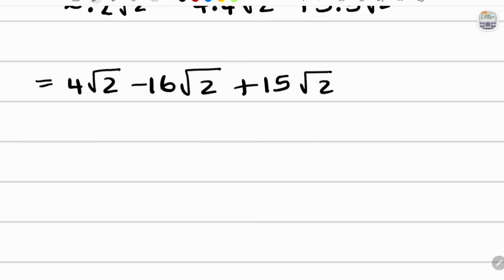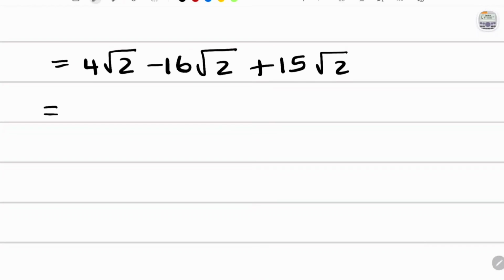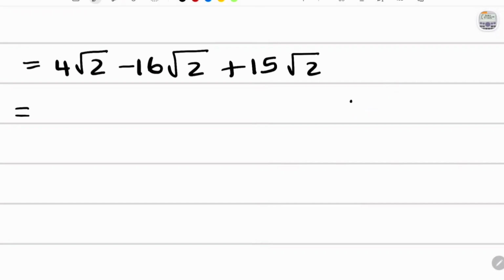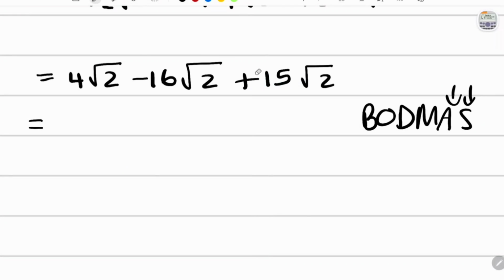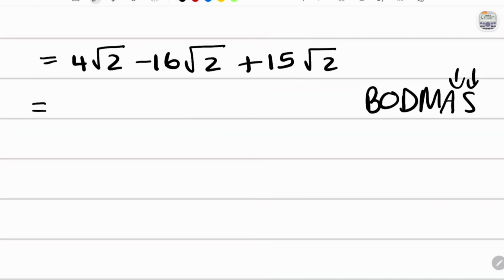So when we simplify this expression, if you're using the rule of BODMAS, you see that addition comes before subtraction. So you could do that. But it doesn't really matter when it has to do with adding and subtracting, because addition has a commutative nature. It means that you can put it in any order and it will still give you the same answer. Like if I said 5 plus 2, it's still 7.